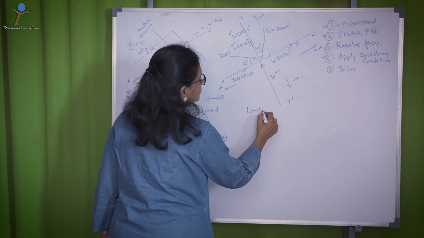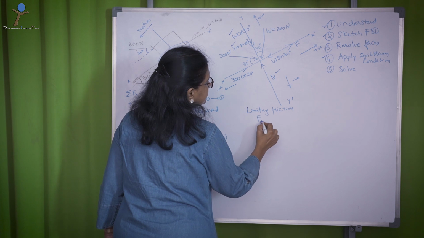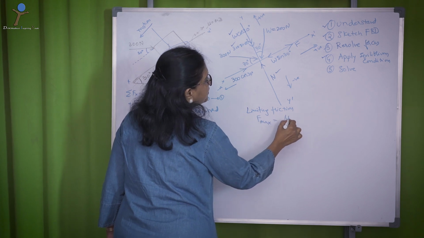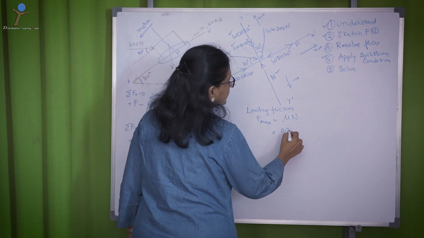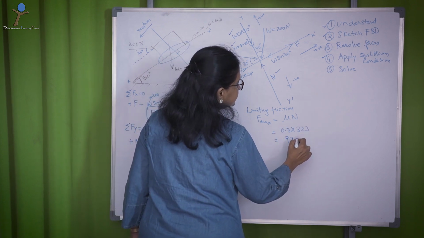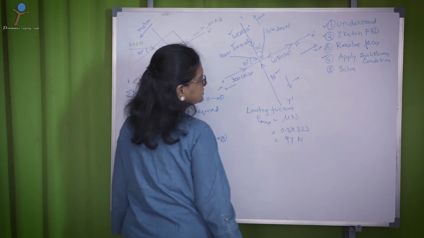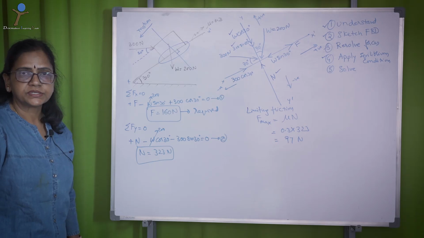Now, let us calculate the limiting friction. F max is equal to mu into N. Given mu as 0.3, N as 323, it comes around 97 Newtons.